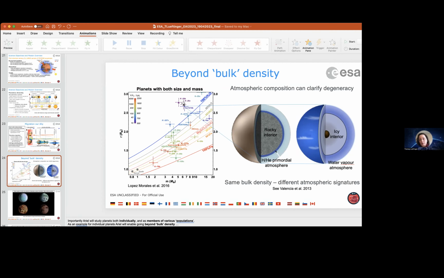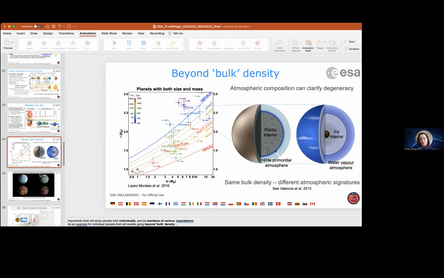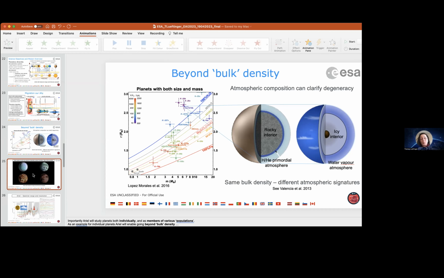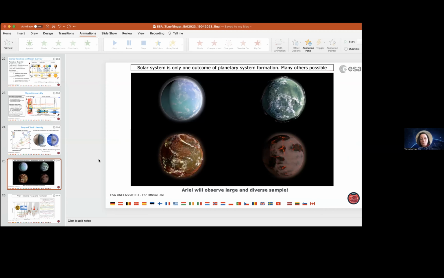And if we have additional chemical information from the Ariel mission, we will be able to distinguish between these two very different scenarios and between further possibilities, of course, as well. So now we can only guess, but we will be able to really say if a planet has an ocean-like surface, like this one here.